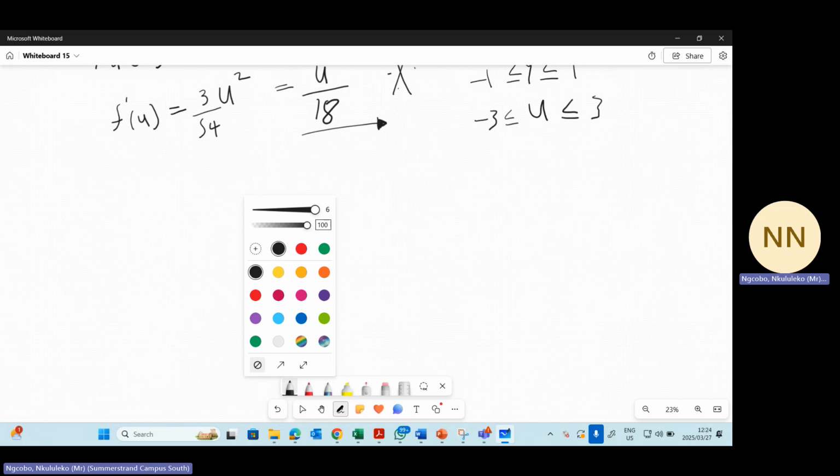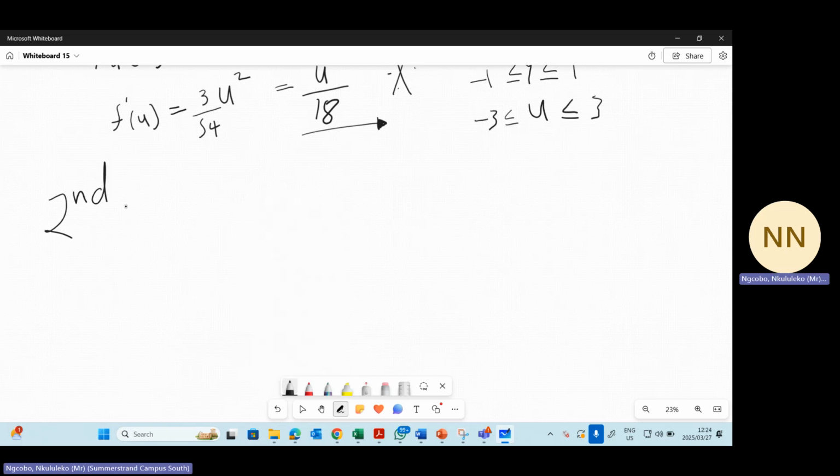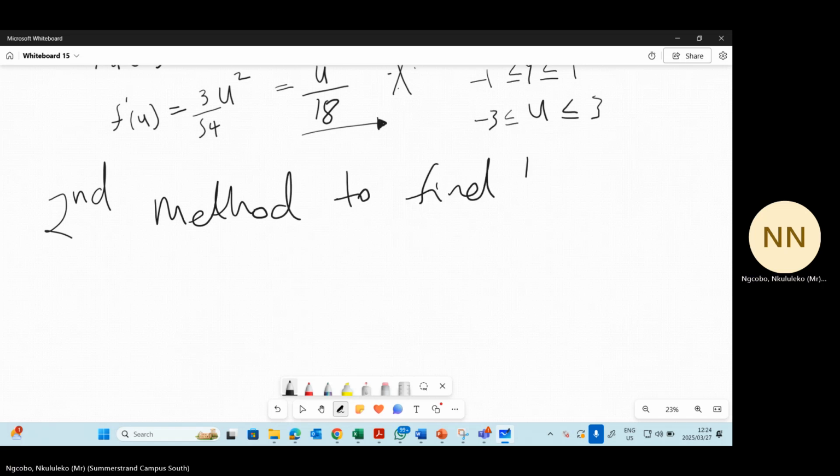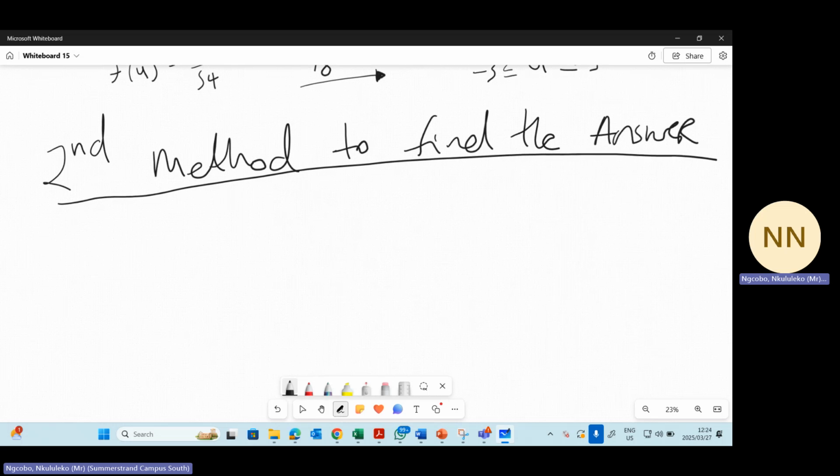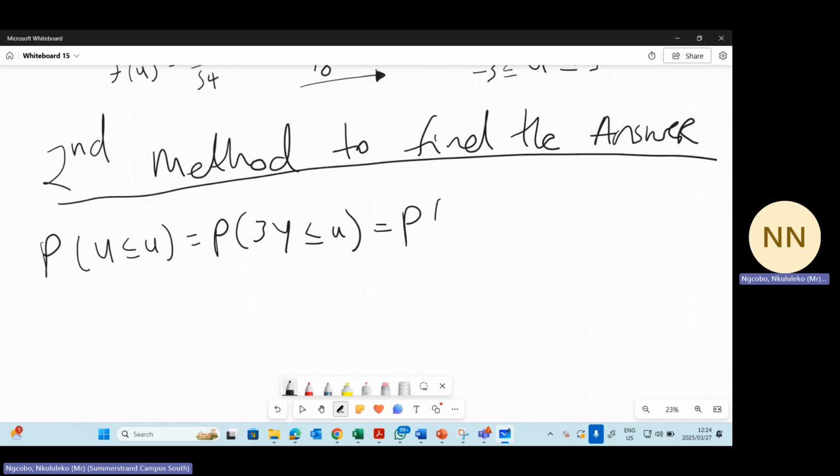So the second method to find the answer, because you're given the density function of y, we know that probability of U less than or equals to u is the same as probability of 3y less than or equals to u, equals to probability of y less than or equals to u over 3, right?